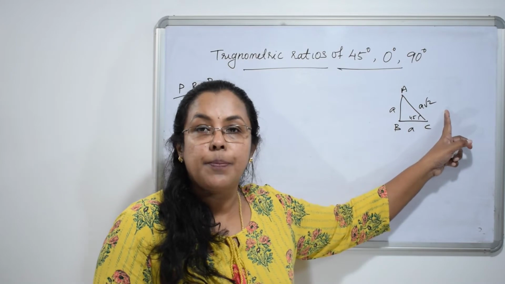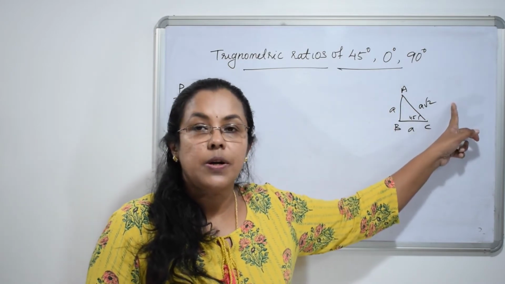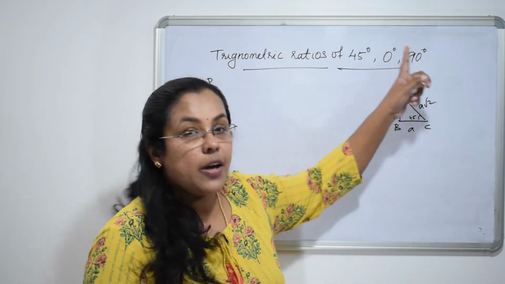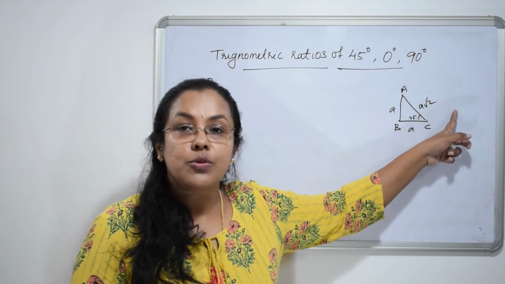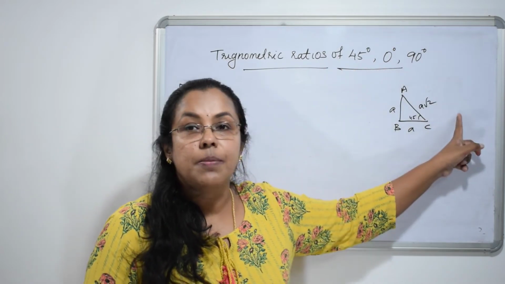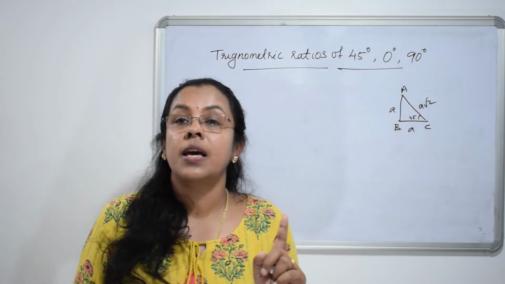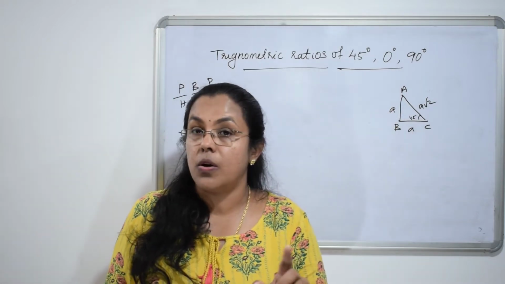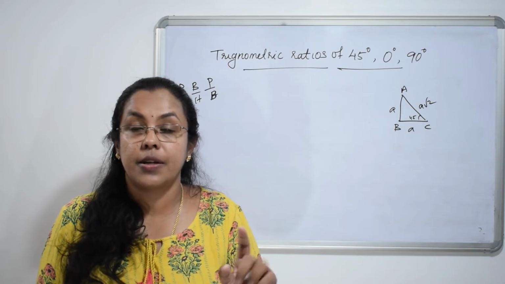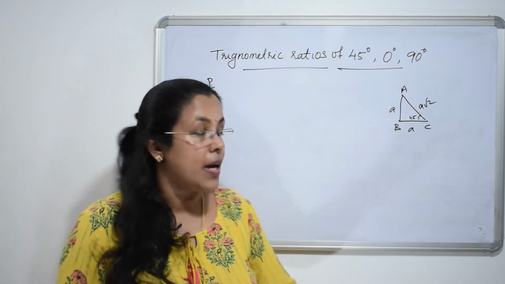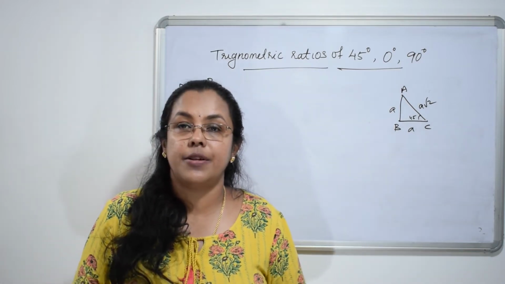Perpendicular by hypotenuse. So sine theta is 1 by root 2. Sine 45 is 1 by root 2. Cos 45 is 1 by root 2. And tan 45 is A by A, that is equal to 1. Always learn the ratio like that. Don't just memorize. Draw a triangle and then write the values.